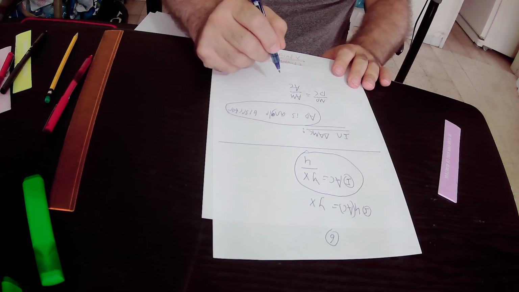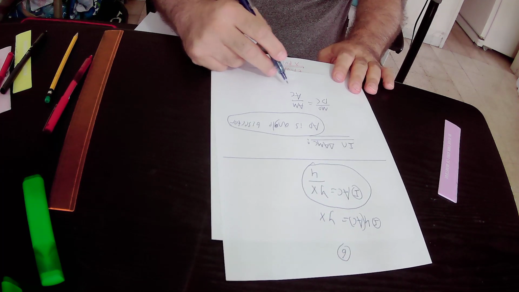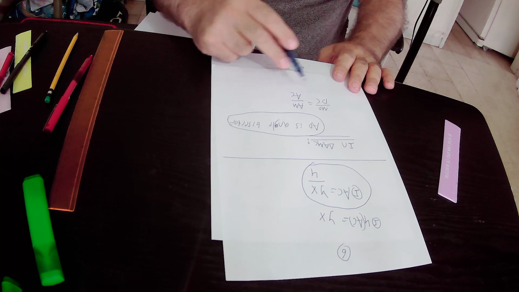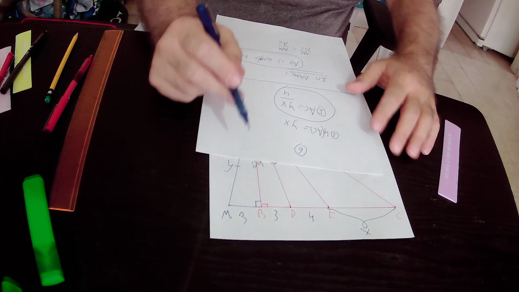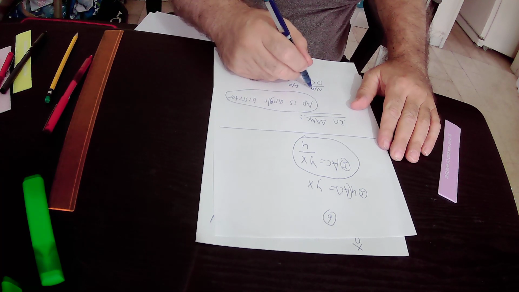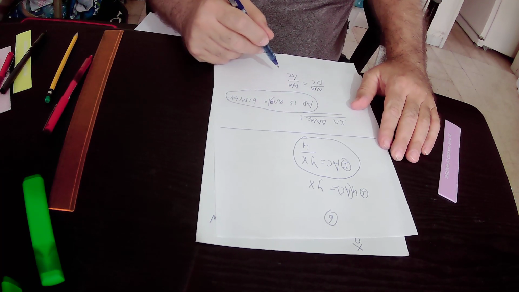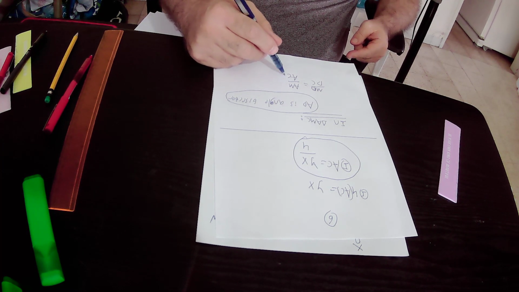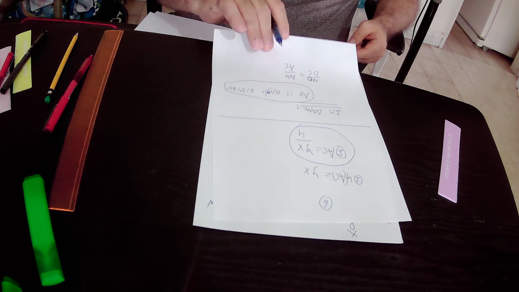I repeat again, the ratio in which angle bisector AD divides MC is MD over DC, and that ratio equals the ratio between the angle legs, AM over AC.